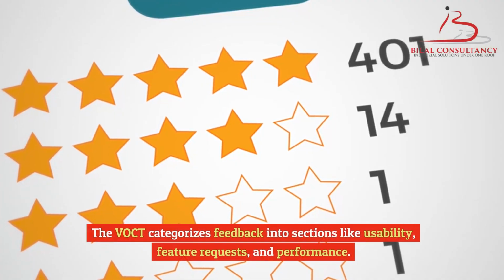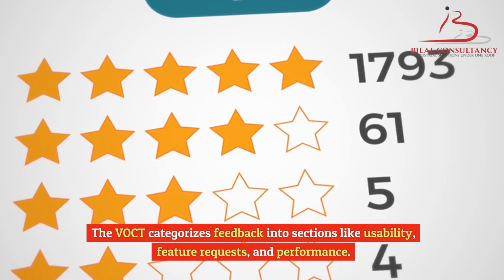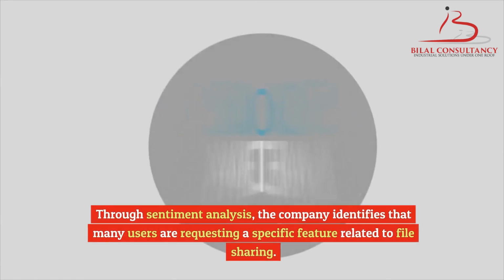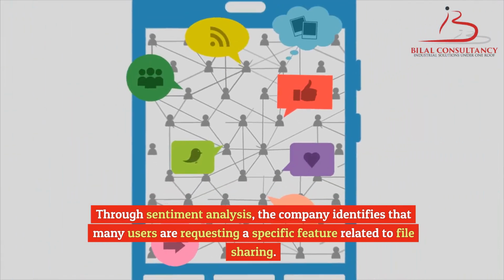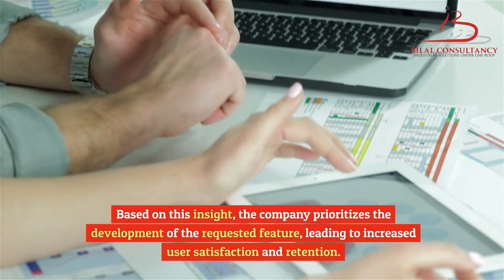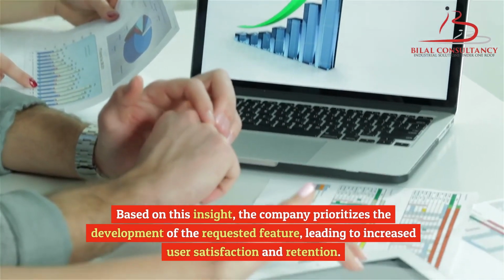The VOCT categorizes feedback into sections like usability, feature requests, and performance. Through sentiment analysis, the company identifies that many users are requesting a specific feature related to file sharing. Based on this insight, the company prioritizes the development of the requested feature, leading to increased user satisfaction and retention.